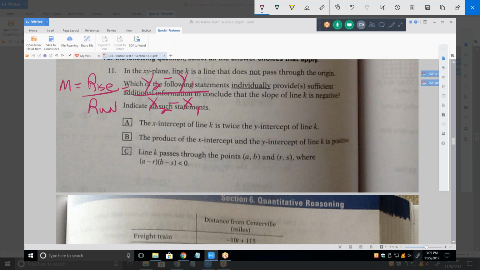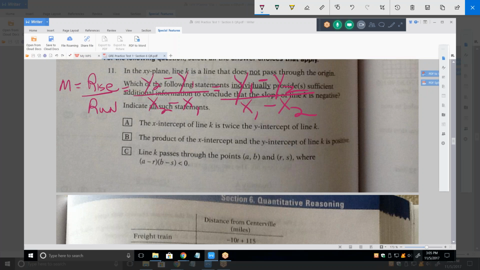Even though they give the answer as a minus r times b minus s, believe it or not, this equation that I just wrote is the same as doing it this way, y sub 1 minus y sub 2, as long as I do the bottom in the same order. So both of those give you the same answer.